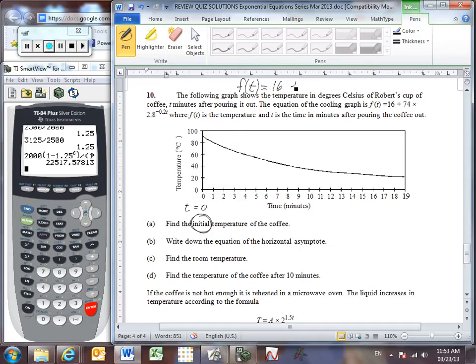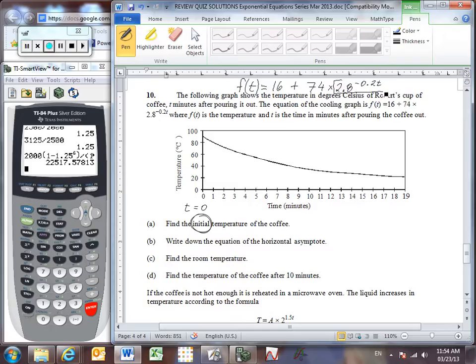Remember, if we add a constant onto a function, that means that we have moved it upwards by this amount, right? It's a vertical shift. And here's the exponential part: 74 times 2.8 to the power of negative 0.2t. You remember that this is an exponential function because our variable is up in the exponent.